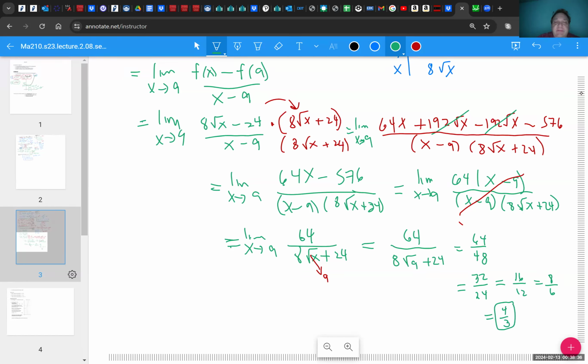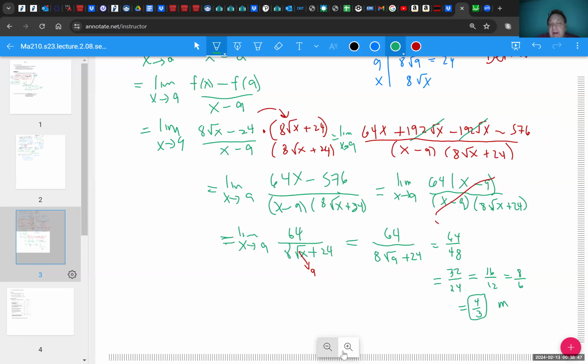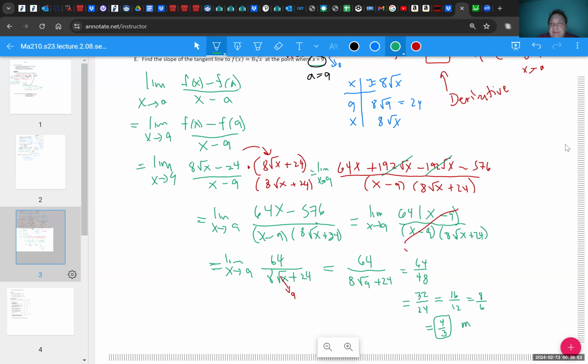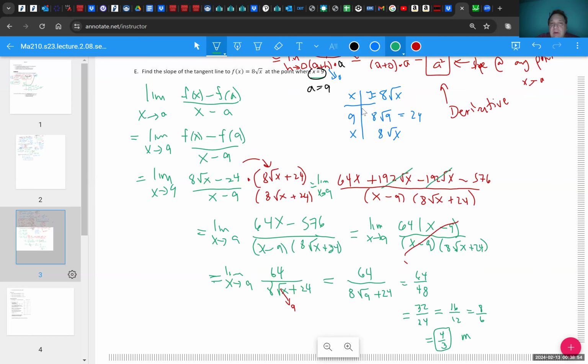Again, you could do it in fewer steps; I'm just saying you don't have to. So 4/3 is the slope of the tangent line of this given function at the given point. The function here was 8 root x, and the point was x equals 9.